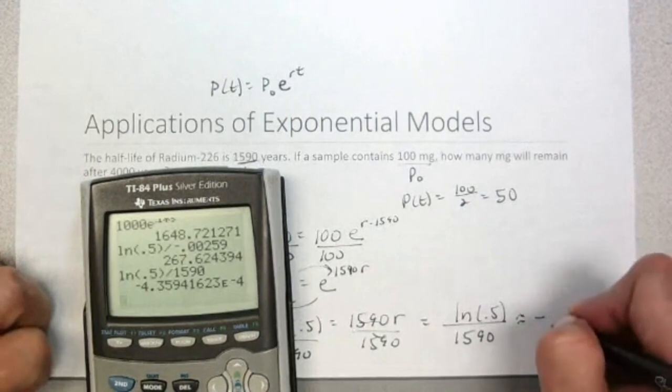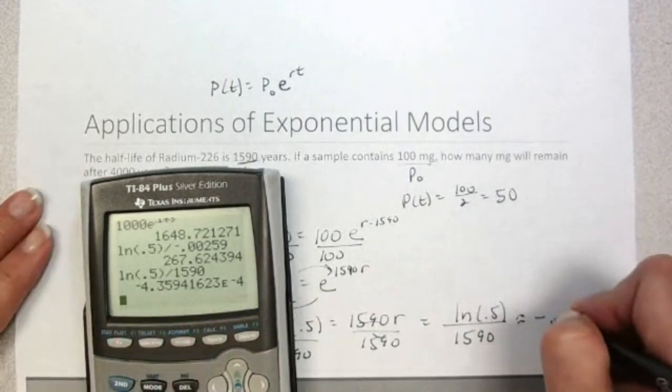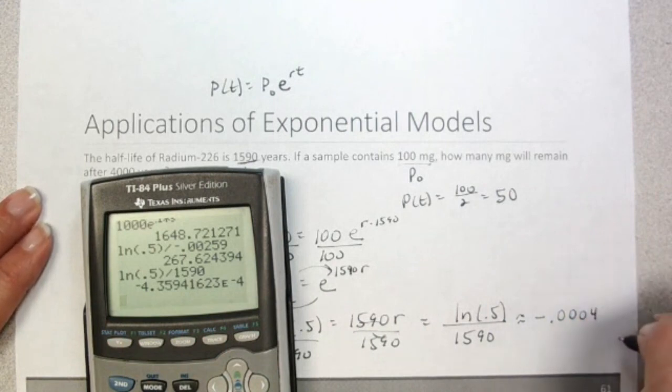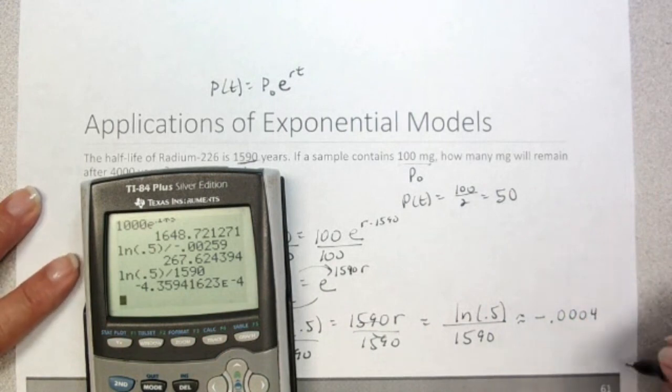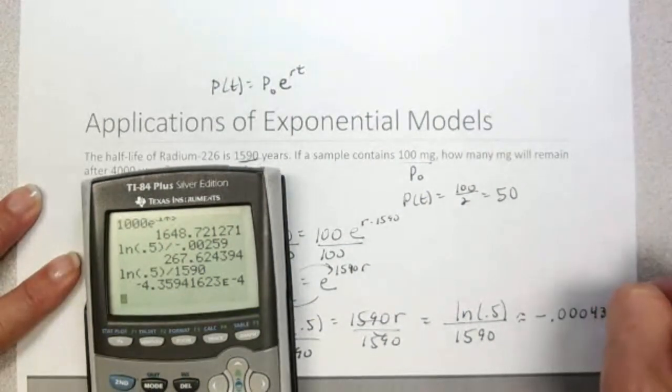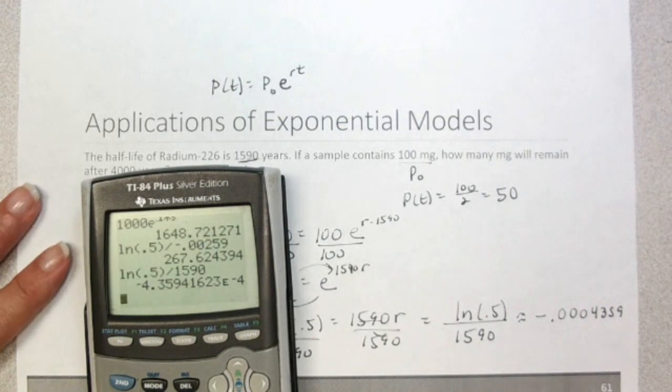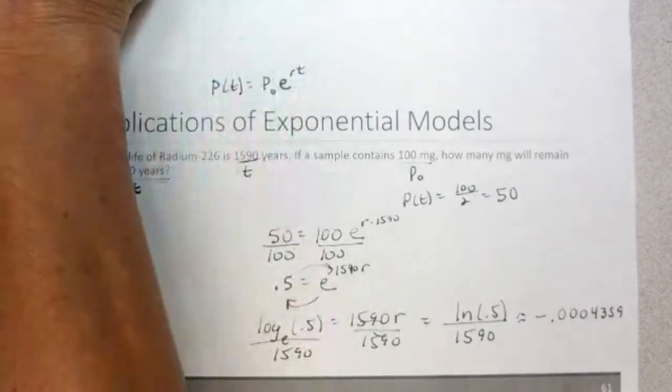It's going to be negative, e to the negative 4, so it's 0.0004359. I'll use four significant digits there. That is a very small number, isn't it?